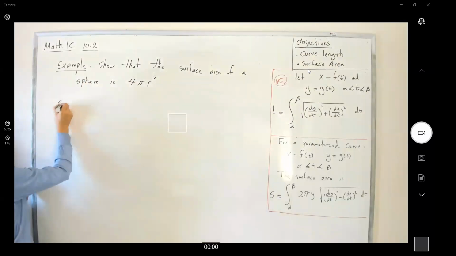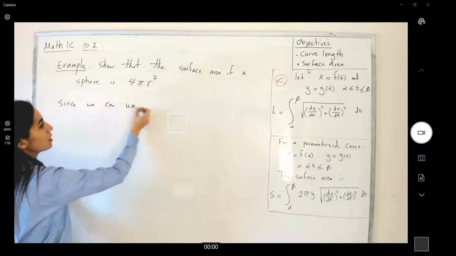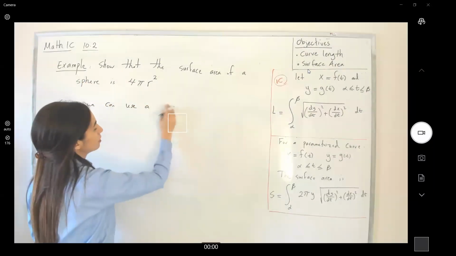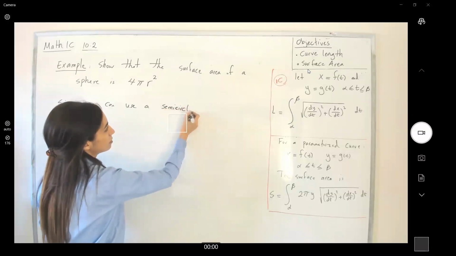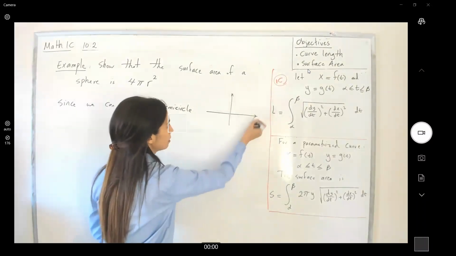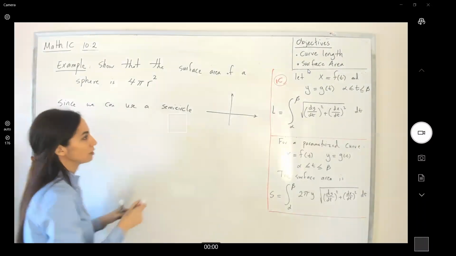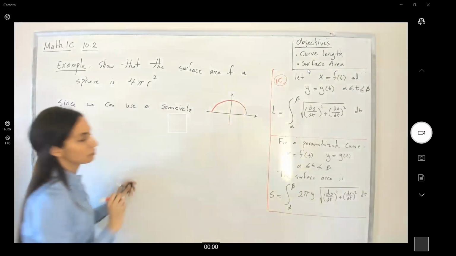Note that we can use a semicircle, which means you have half of the circle. This is your circle with radius r.